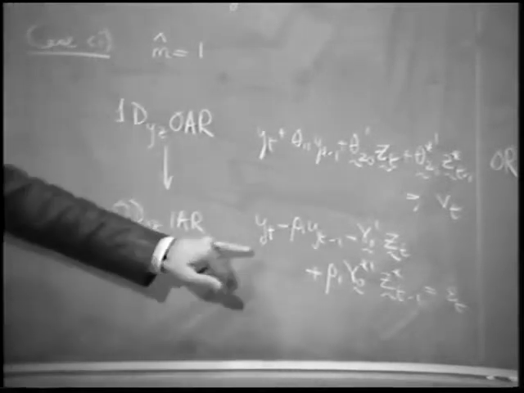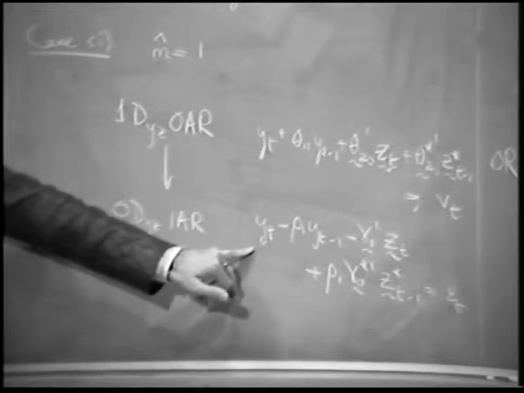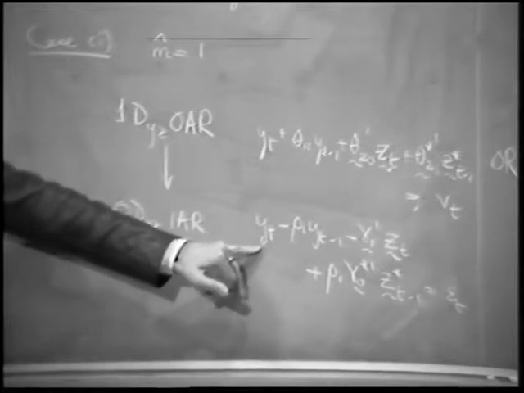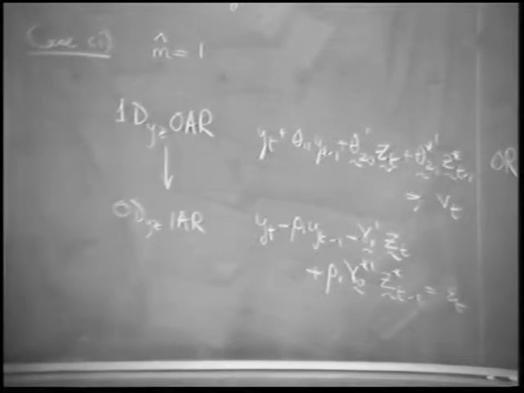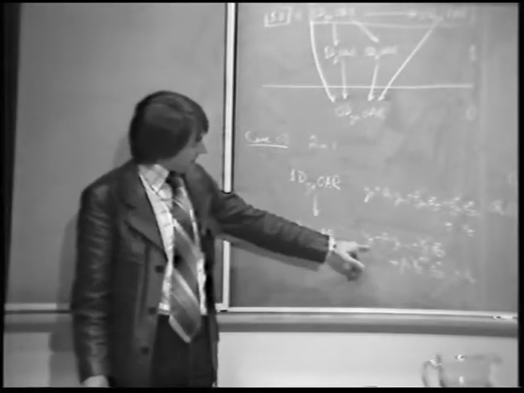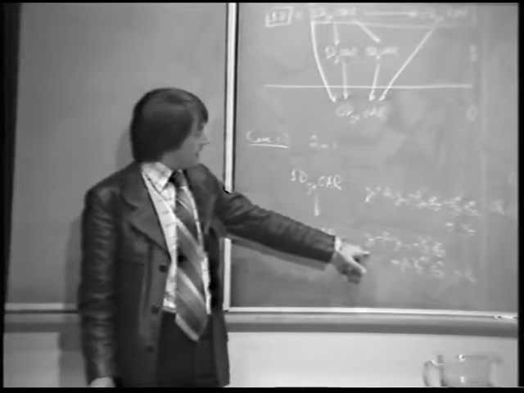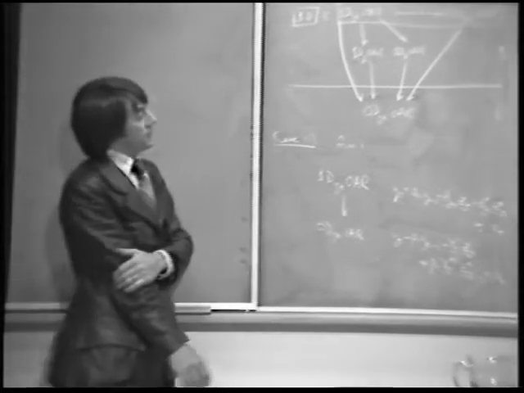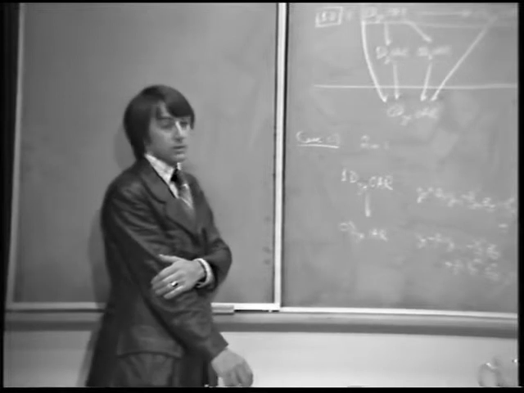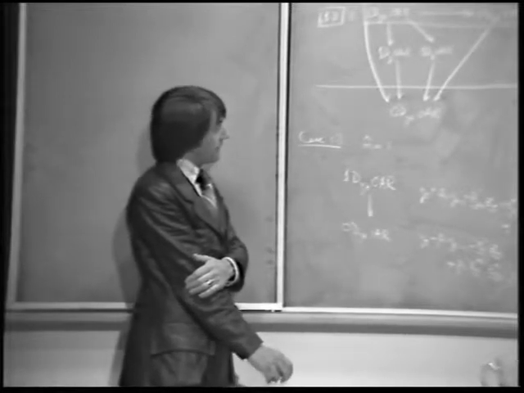And that's just the model you would have for a simple linear regression with first order autoregressive error process. And so we would test these autoregressive restrictions either using a likelihood ratio test or a Wald test in the usual way.